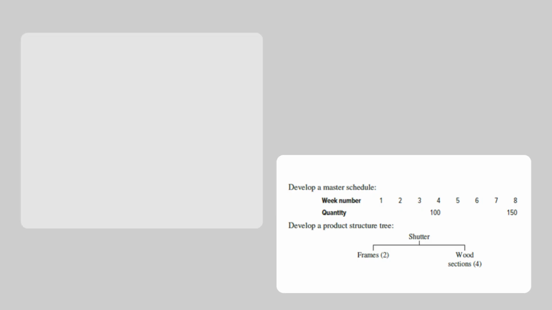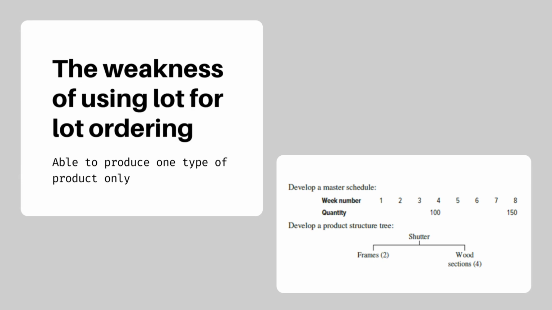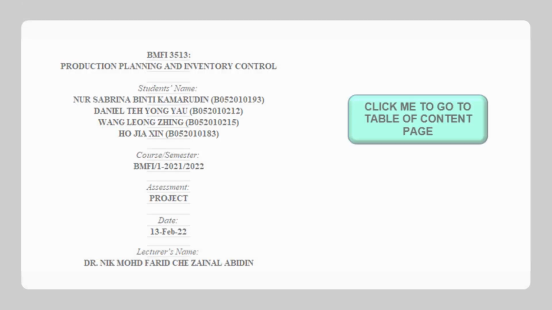and ordering from us. The only weakness of this lot-for-lot ordering is that we are only able to produce one type of product. We are able to produce one type of end product only. If we want to produce two types of end product, then we need to prepare two kinds of lot-for-lot ordering.